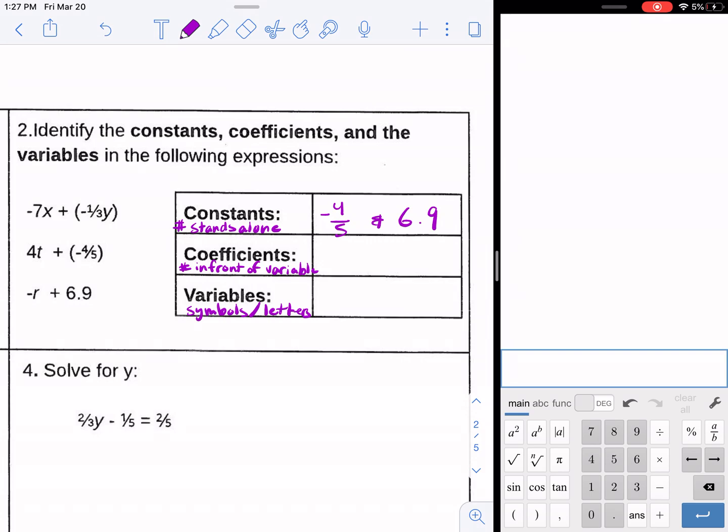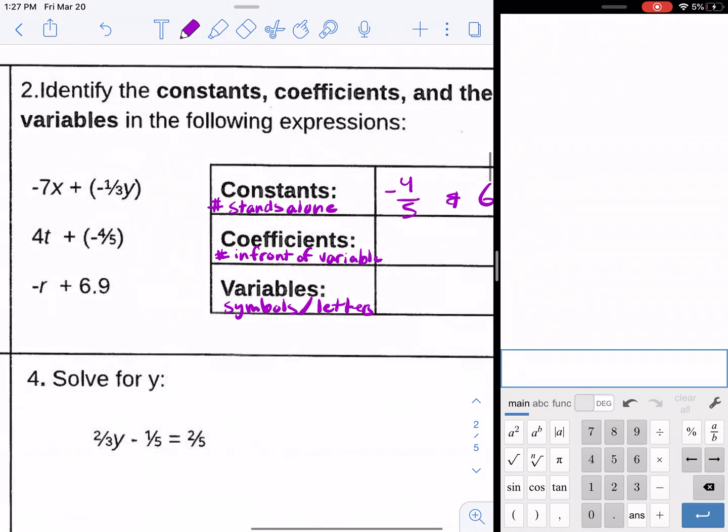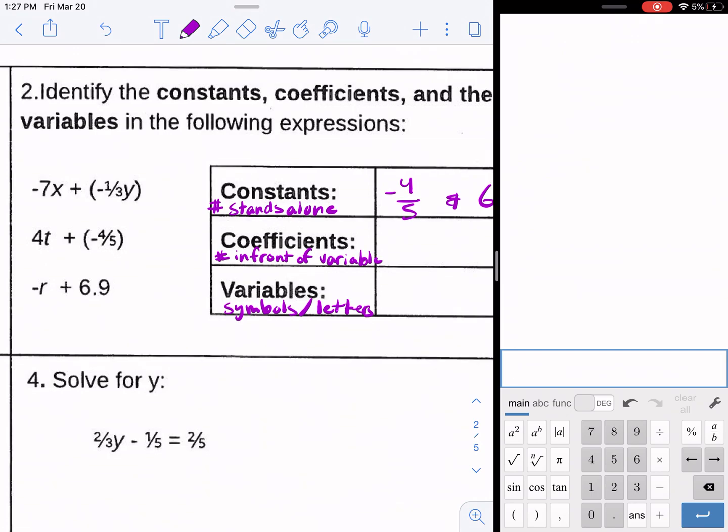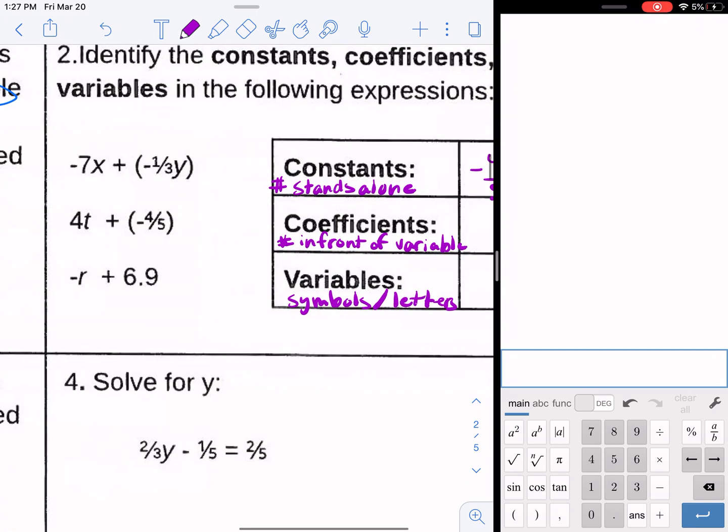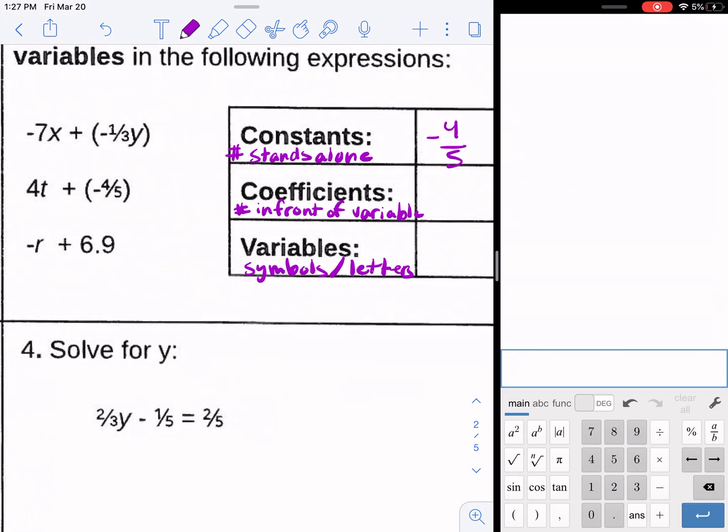Now the coefficients. I'm looking for the numbers in front of the variables. And I see 1, 2, 3, 4. Remember, the numbers in front of the variable. So -7x, there's a variable, so I'm looking at that number right there. -1/3 y, that number right there. 4t, that number right there.